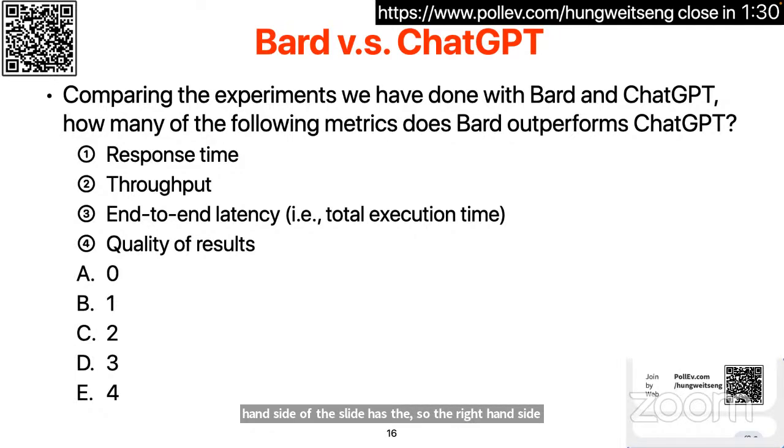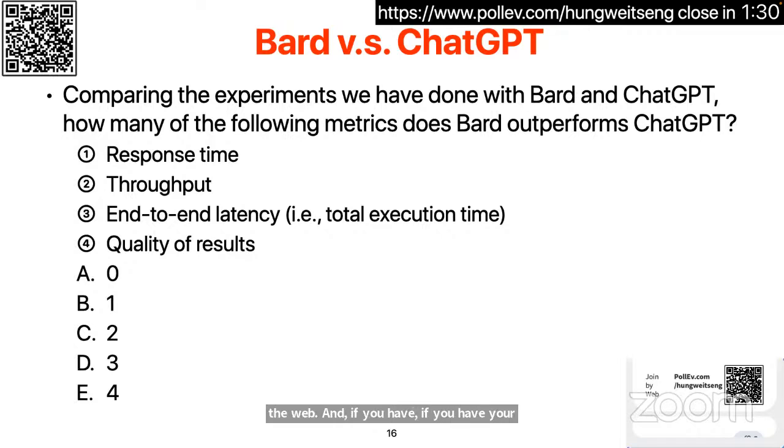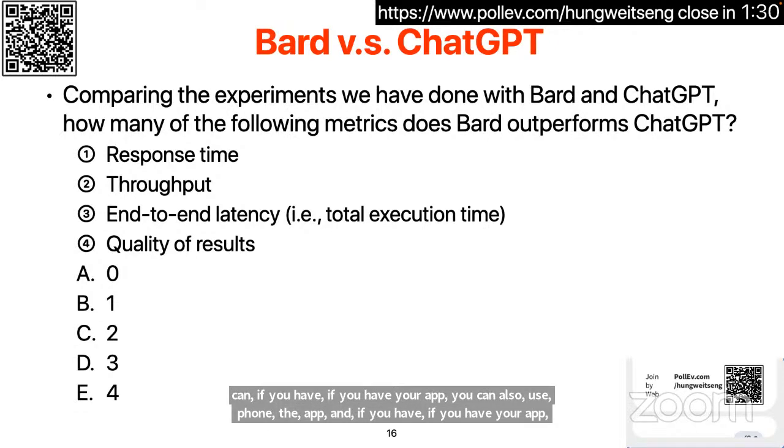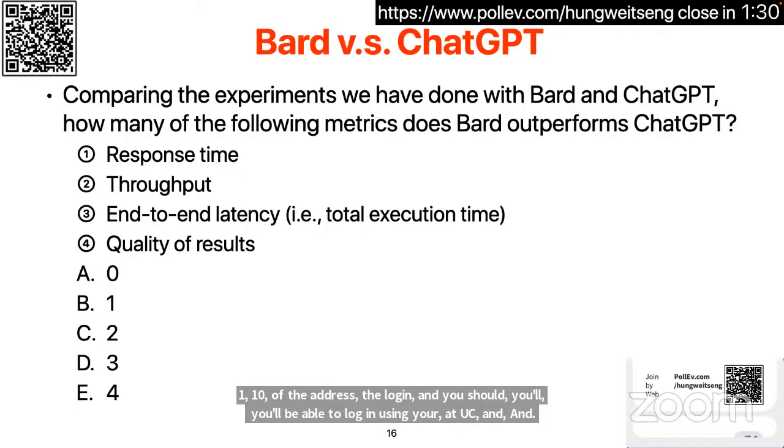If you have the app, you can also use Home 110 as the postfix of the address to log in, using your UC San Diego account. Then let's see how many of you have successfully done it.